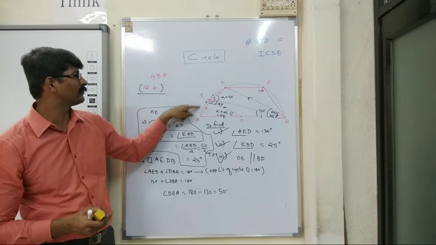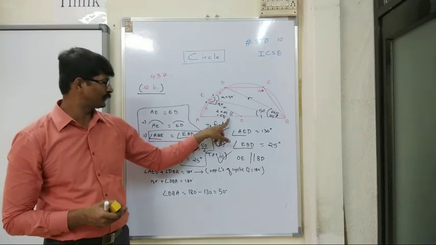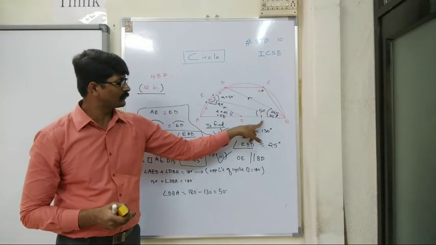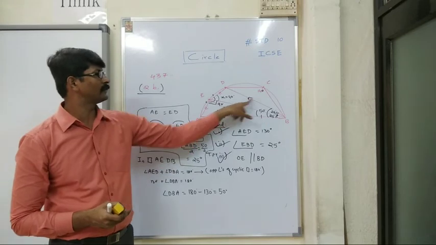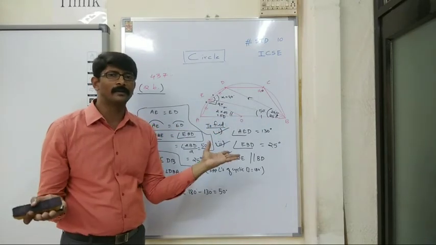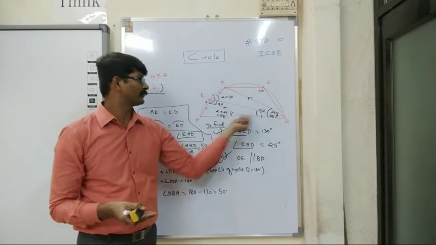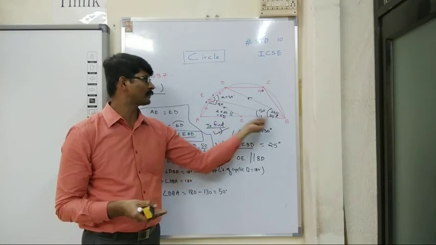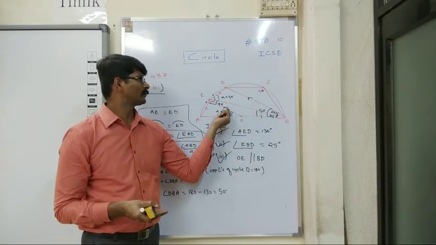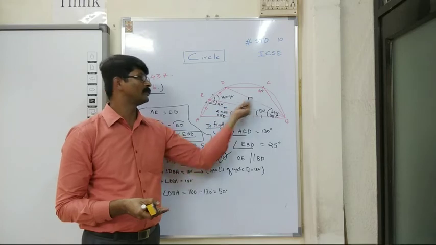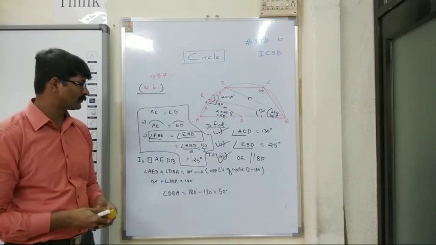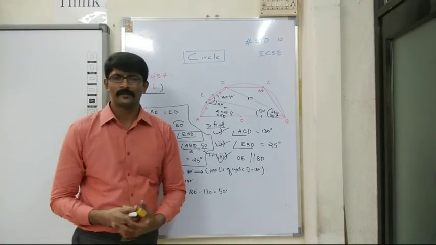They are subtended by the same arc AE. So when these two angles are equal, by corresponding angle test, these two lines are parallel. So I hope you can write it in that third part.